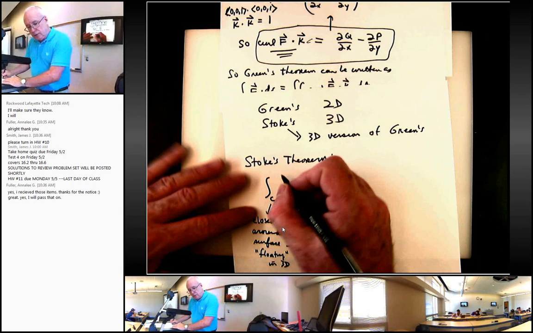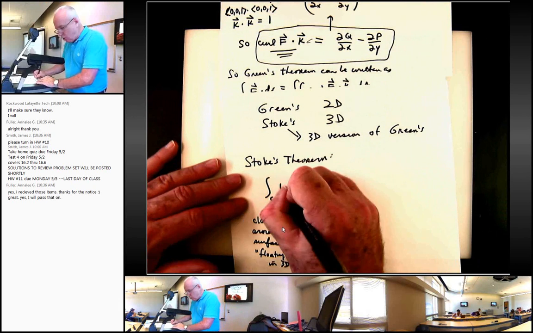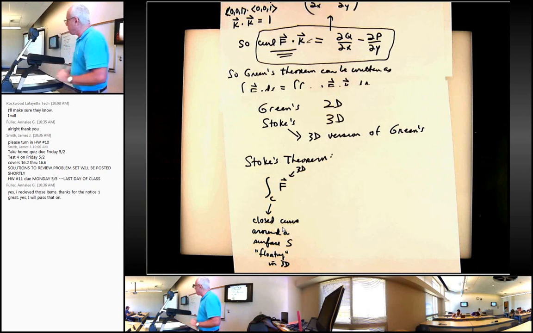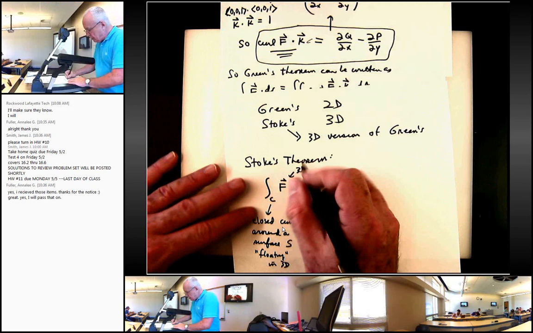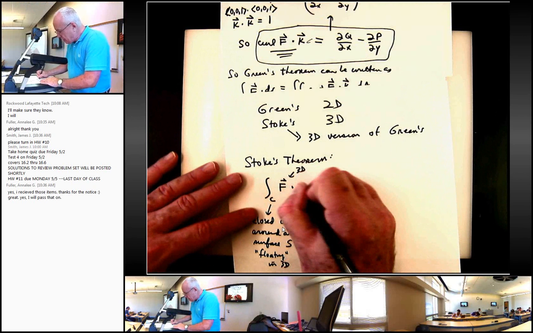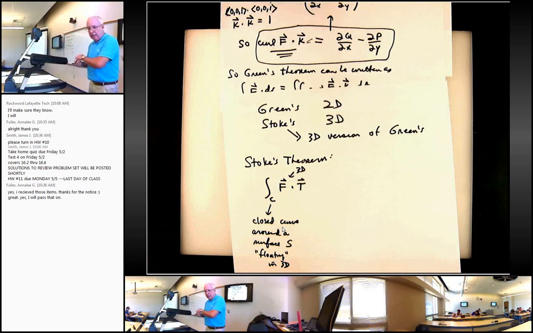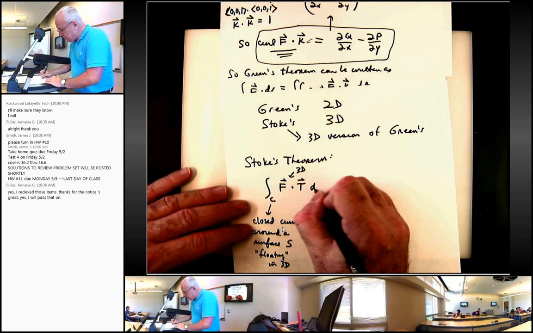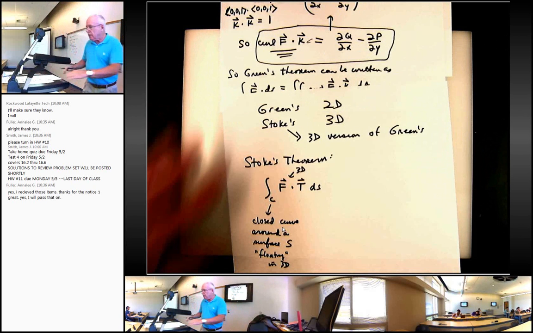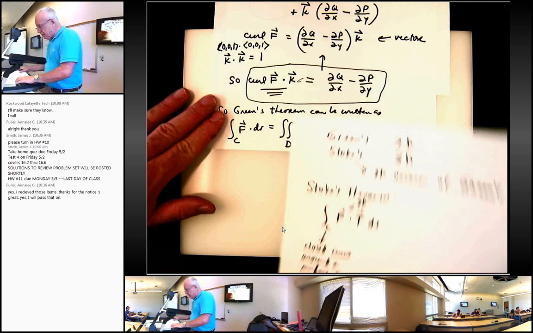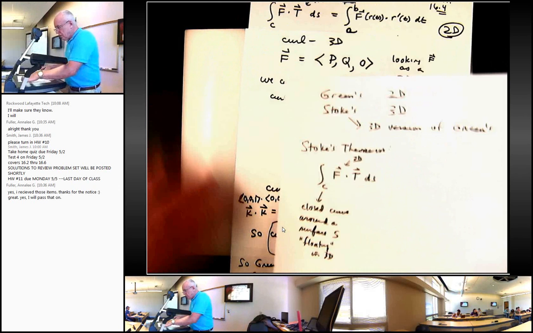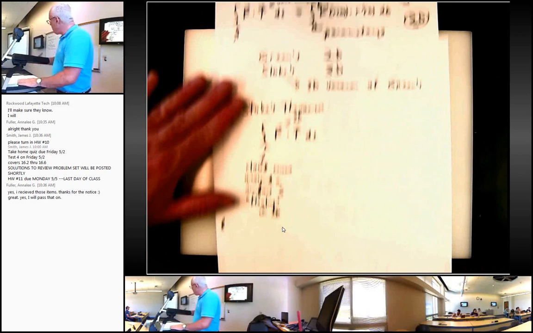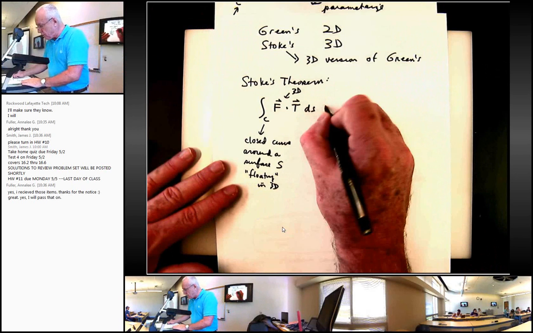That line integral along that closed curve of our force field F, now this is a three-dimensional force field, times this tangent vector and ds, so this looks pretty much just like the other side of our Green's theorem, except now we're talking about a surface floating around.